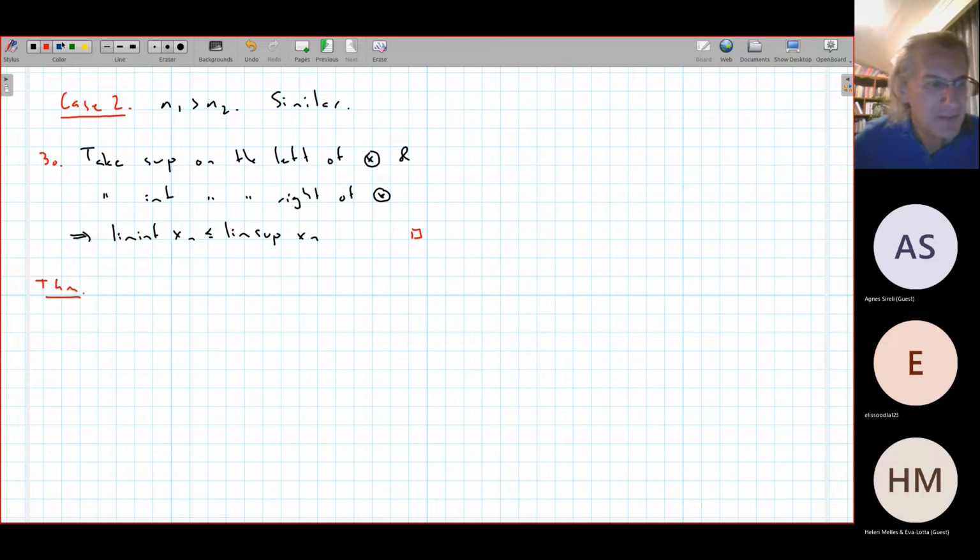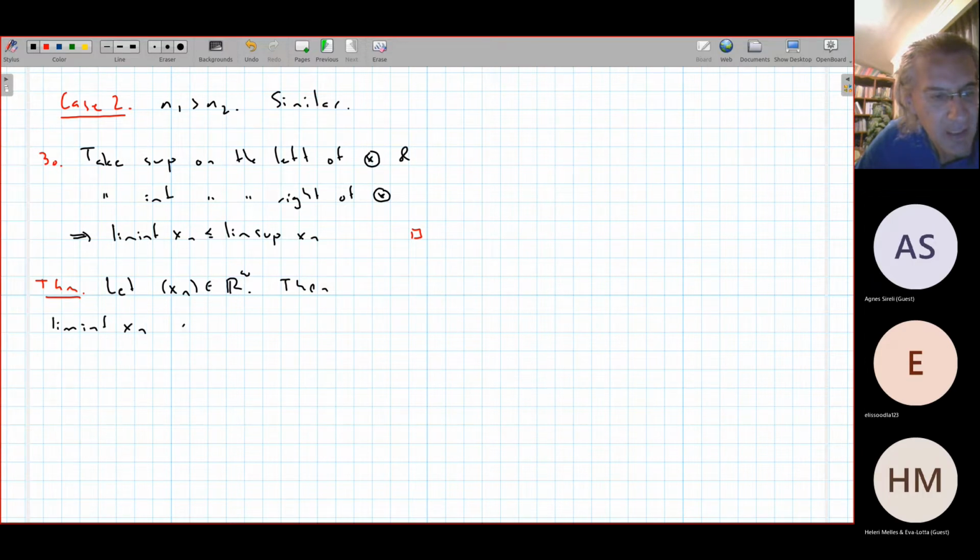So I'm just going to state a theorem without proof. This is important. Suppose that xn is a sequence in R. Then we saw that liminf and limsup exist.